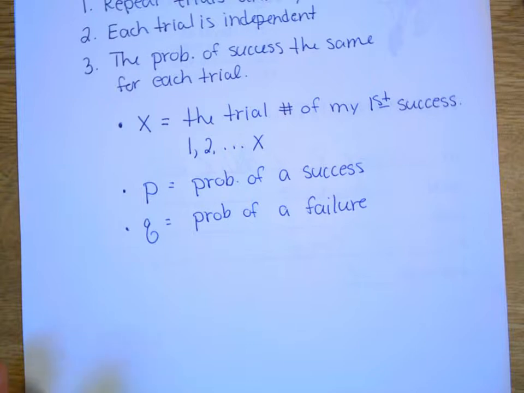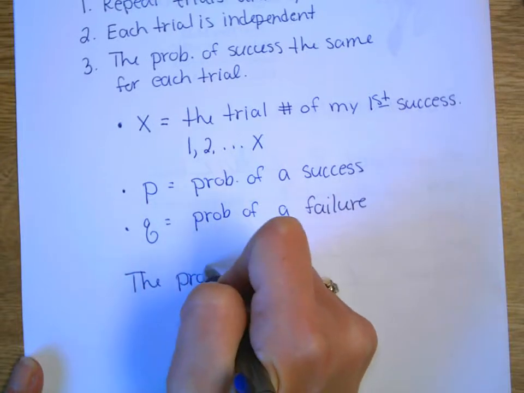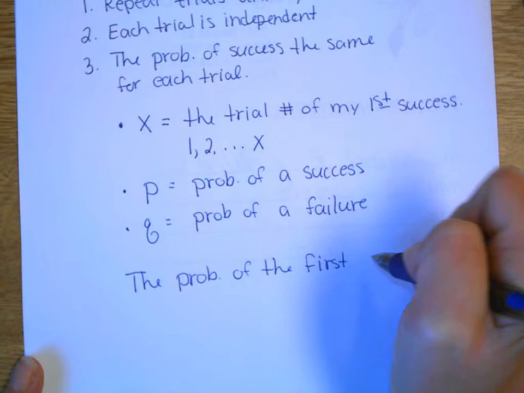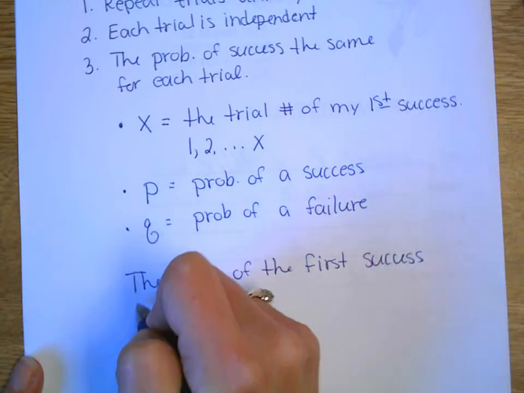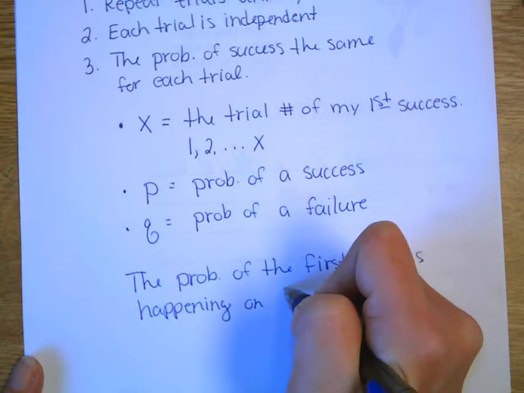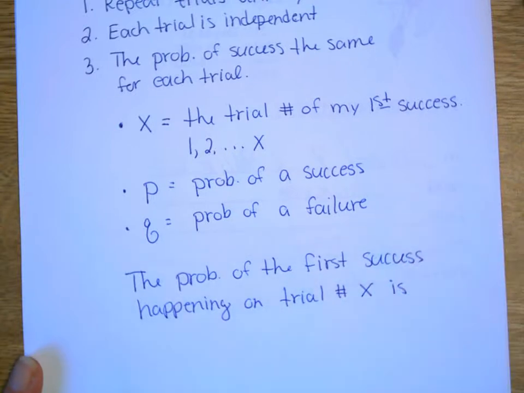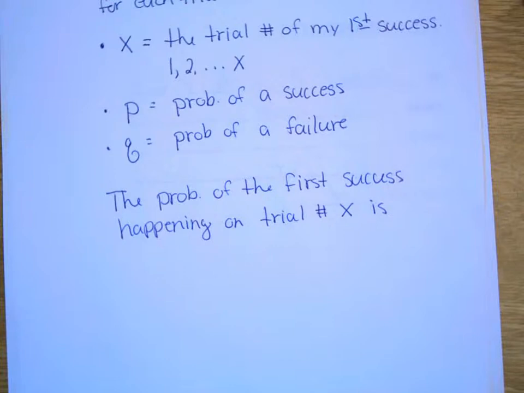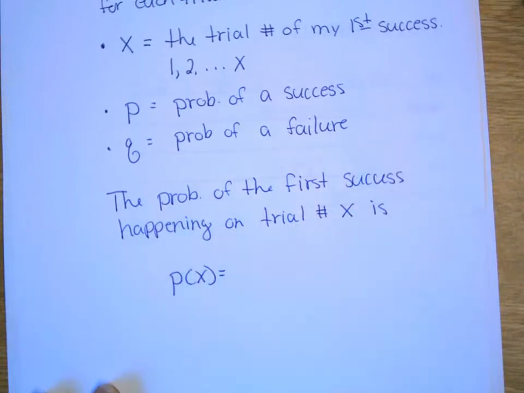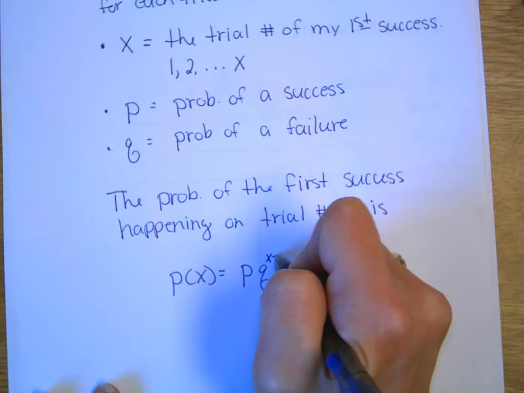So the by-hand formula. So the probability of the first success happening on trial number X is, you take your p-value and multiply it by q raised to the x minus 1.